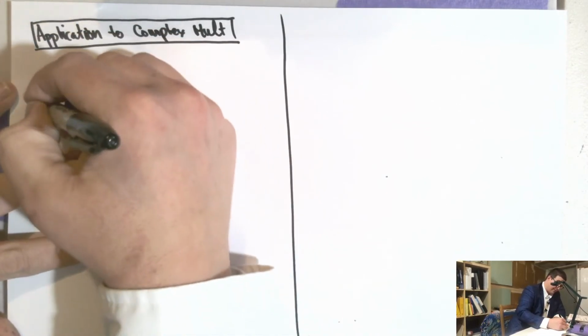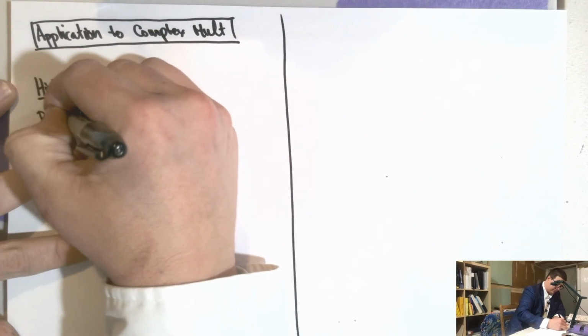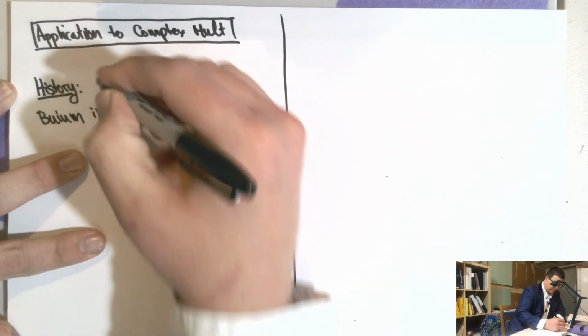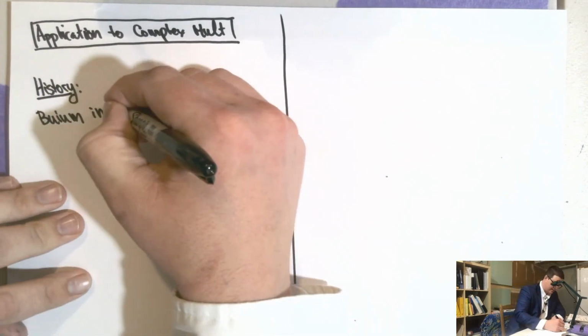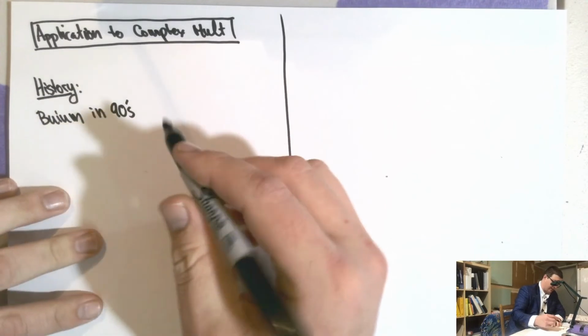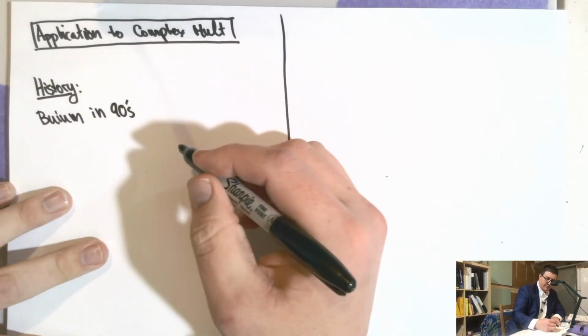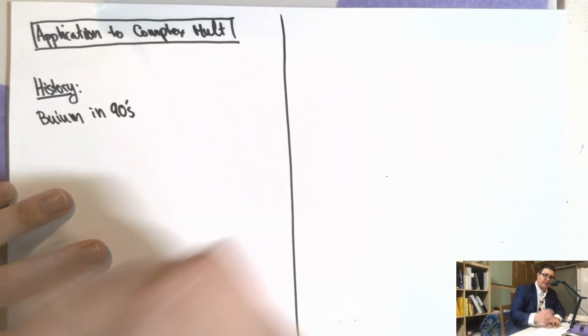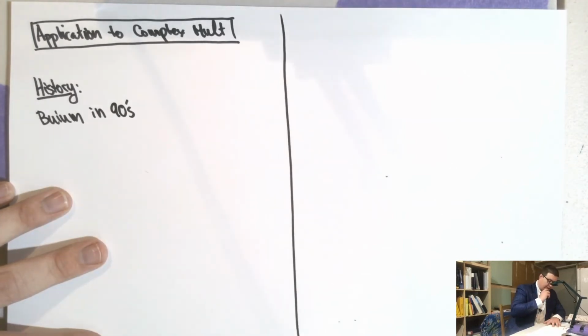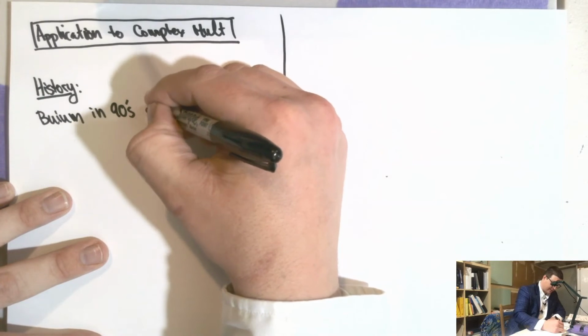Okay, so Buium in the 90s was able to define a finer invariant than just the Kodaira-Spencer map vanishing, right? So he defined what's called the Kodaira-Spencer rank.